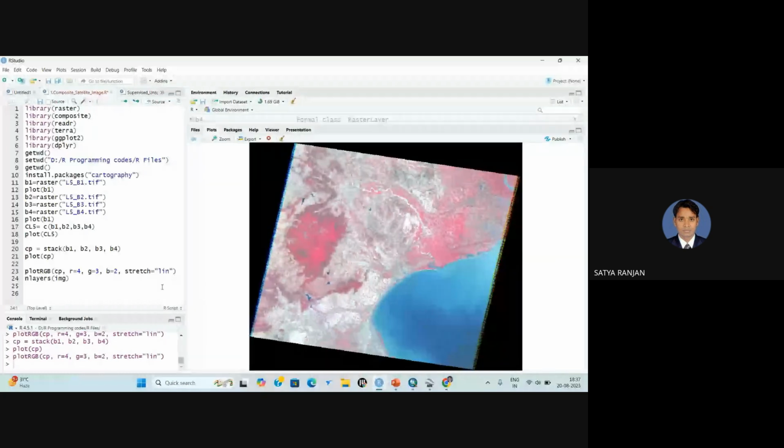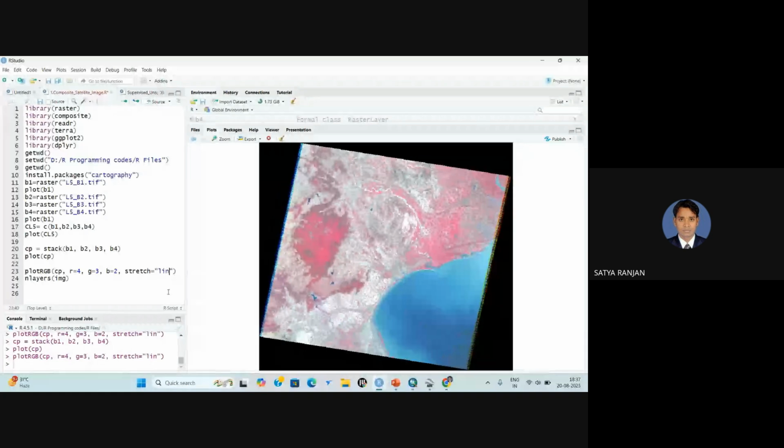If you change to the histogram equalization, then it gives a different visualization. So this is the histogram equalization, that is hist. So this is different.